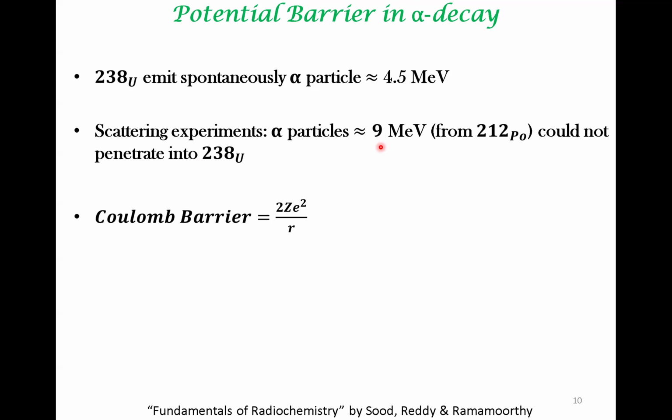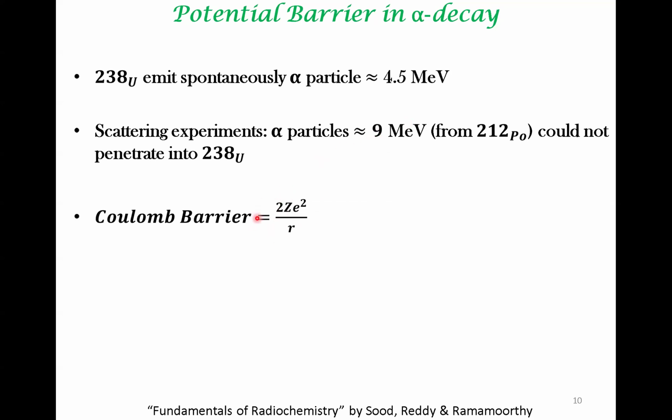The reason for this is there is a Coulomb barrier. The alpha particle is positively charged, and the nucleus is also positively charged. So there is a great repulsive interaction between the incoming projectile, which is a positive charge, and the nucleus.